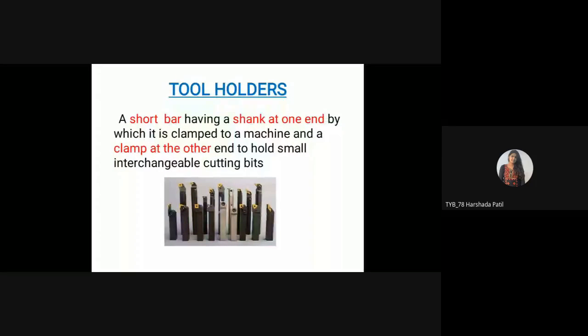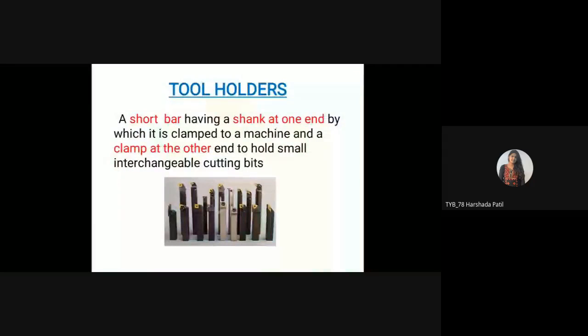But the second task: whenever you are using the same tool shank, but just replacing the tool bit at the other side of the tool holder, that is also one of the best advantages over changing the tool. It is efficient for increasing productivity as well as reducing downtime.